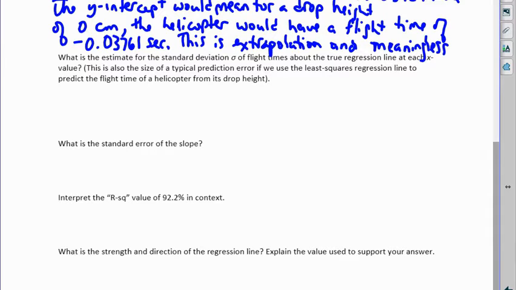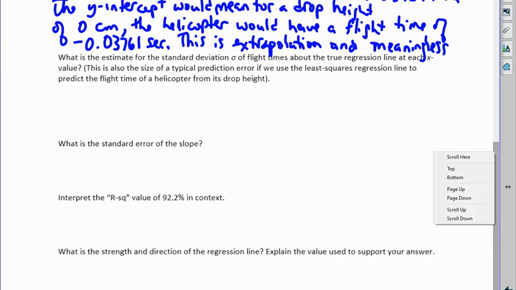Okay, so then what is the estimate for the standard deviation of the flight times about the true regression line for each x value? This is also the size of a typical prediction error if we use the least squares regression line to predict the flight times of the helicopter across the drop heights. So what this is talking about is your standard deviation of your residuals.